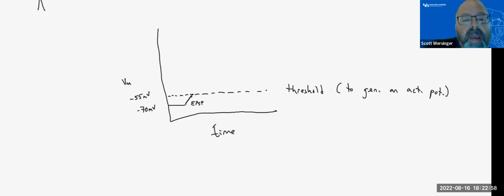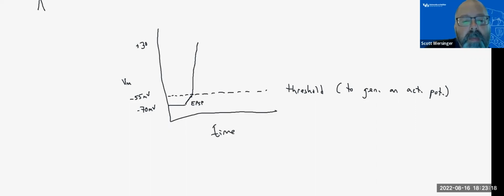Now we get this massive depolarization. The exact number doesn't matter, plus 20, plus 30, somewhere in there. You get a massive depolarization. Shortly after, we get a repolarization.